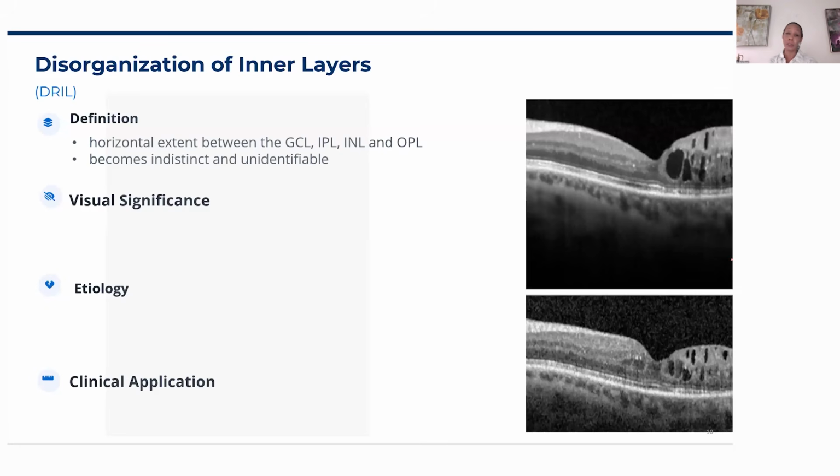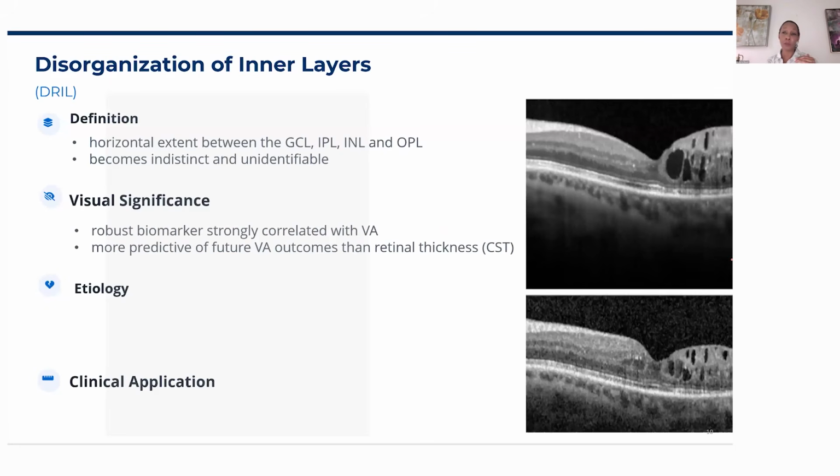What is the visual significance? You don't have the connections from the photoreceptors carrying the information all the way up to the ganglion cell layer and going to the optic nerve into the brain. There is some disruption there because you can no longer identify the layers as they're disorganized. And this has been found to be a robust biomarker that correlates strongly with visual acuity.